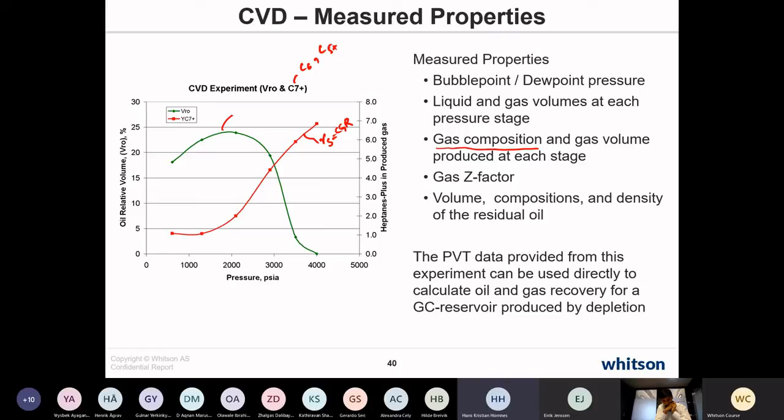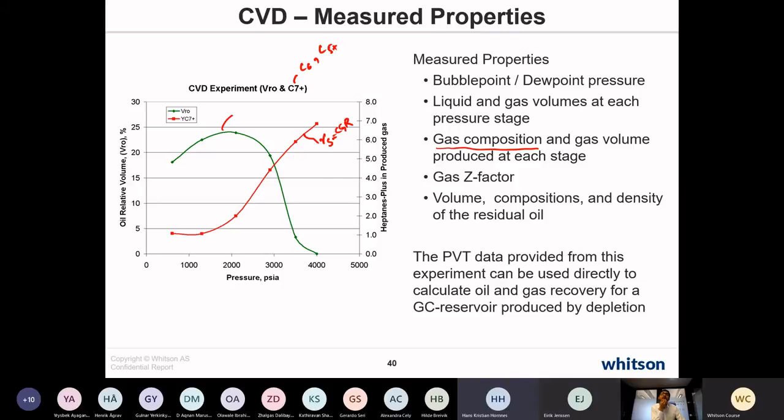But the problem is that if you have too low liquid dropout, depending on the cell, you have a problem measuring the liquid dropout in the cell, and you will not get sufficient samples to analyze at the end. You won't get enough stock tank liquid at the last stage. To get a maximum limit there is difficult to say, but 2, 3, 4, 5% maybe, and if that's also contaminated, you have to take contamination into account too.